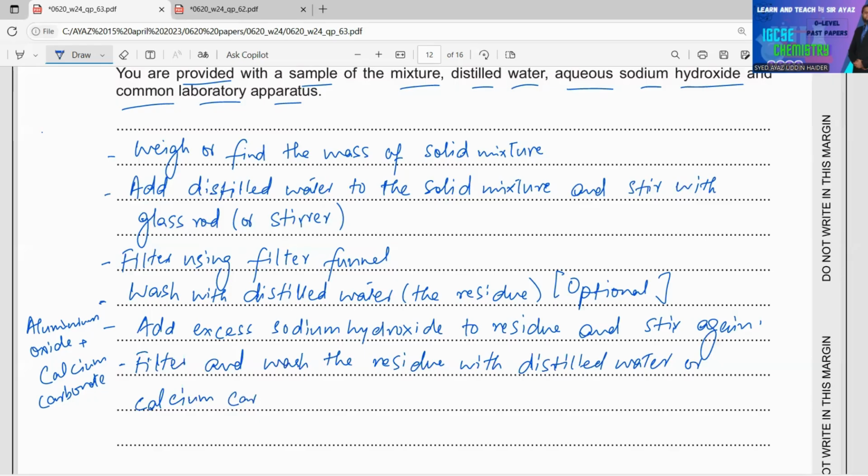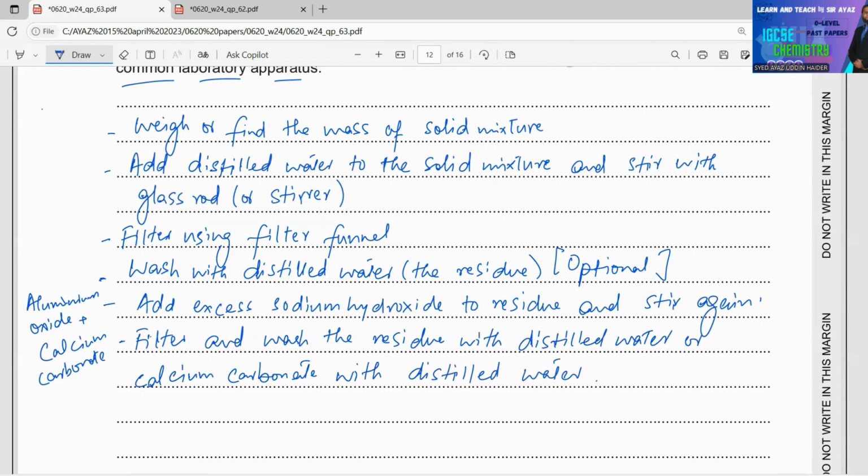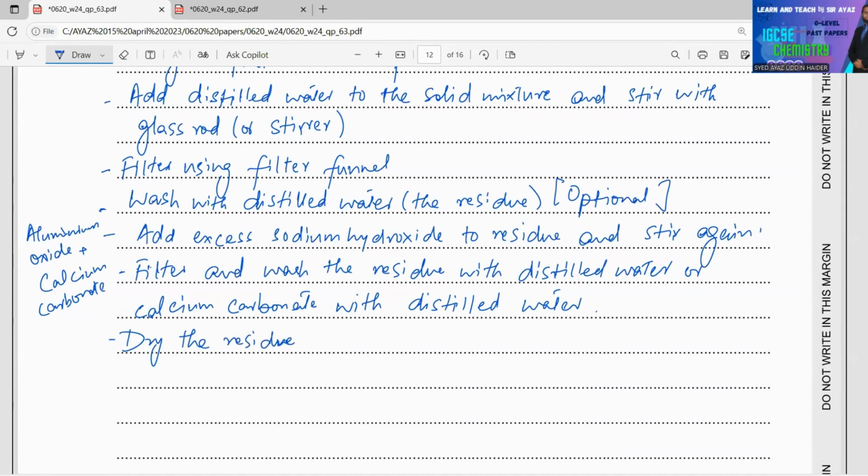Dry the residue. Residue is calcium carbonate, remember.